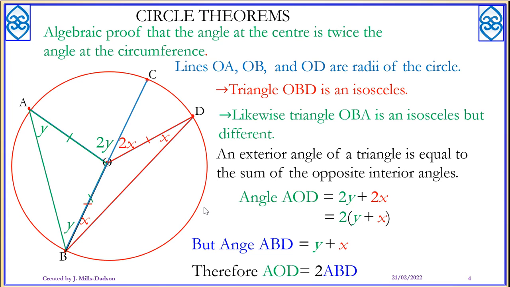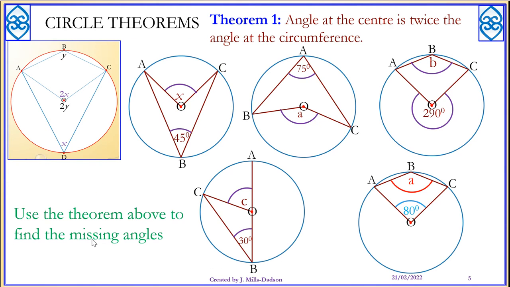Then it clearly proves the point that angle at the center, which is AOD, is equal to twice the size of angle ABD, which is the angle at the circumference. So this is a simple proof. Now pause the video and see if you can use the first theorem to work out the missing angles.